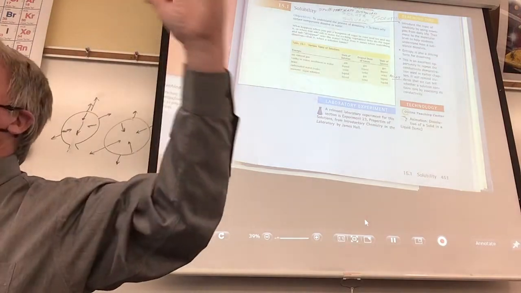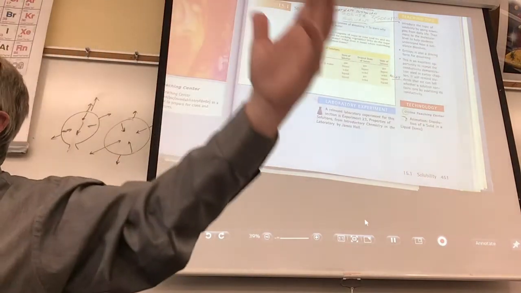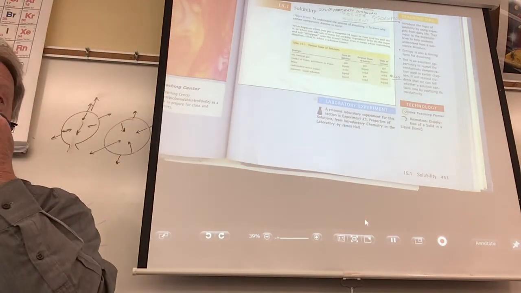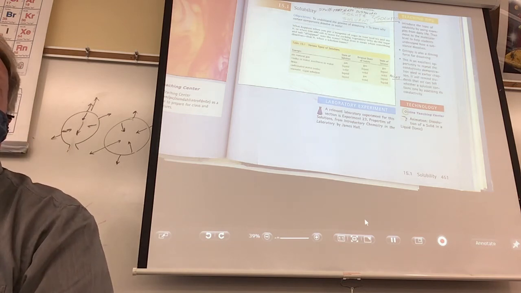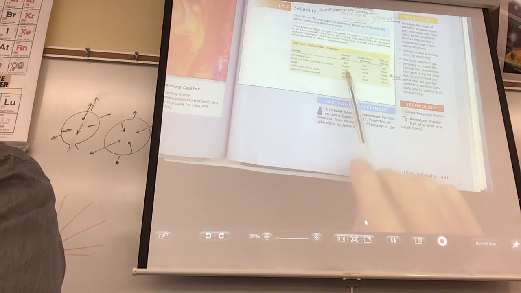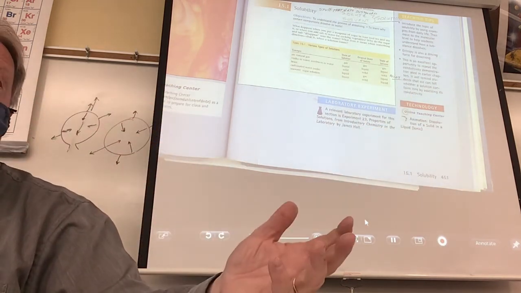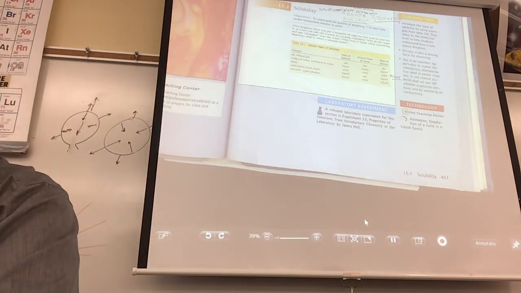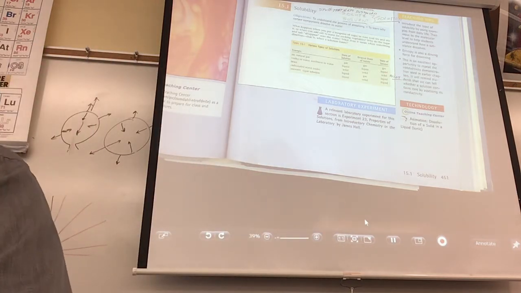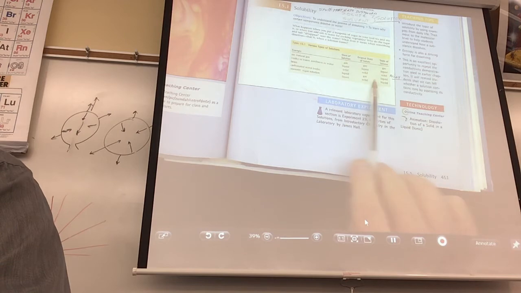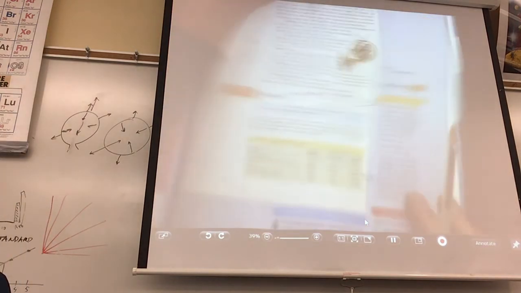What is air? A mixture of gases. It is a mixture, isn't it? So you could have a solution of gases, couldn't you? A gas and a gas solution. Now remember, solutions cannot be pure substances because there are many ways to make them, right? There's only one way to make NaCl. All right, and that's what this little chart's all about. It just talks about all the different combinations you can have.